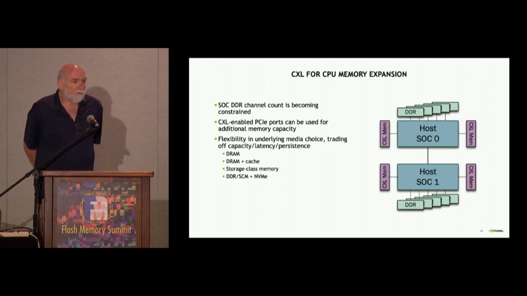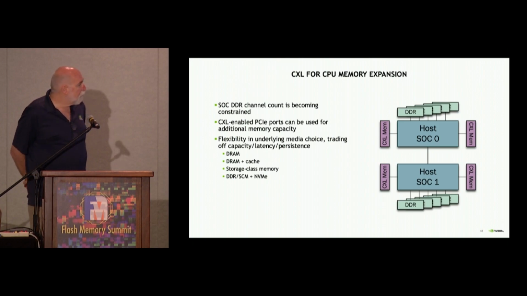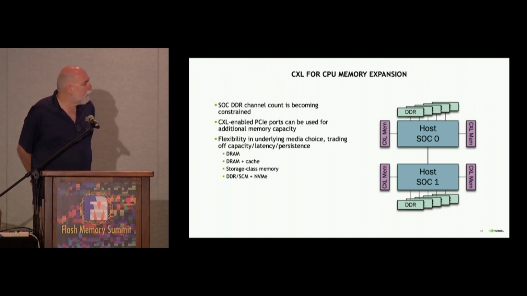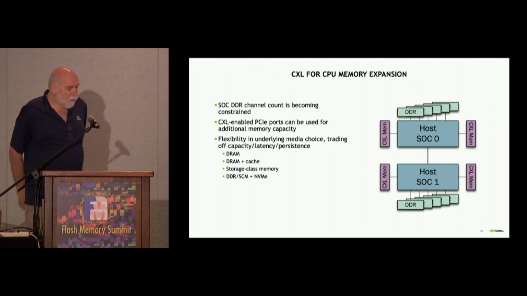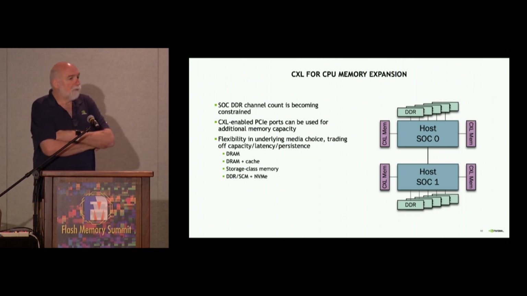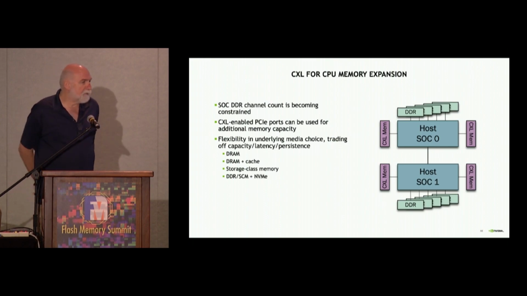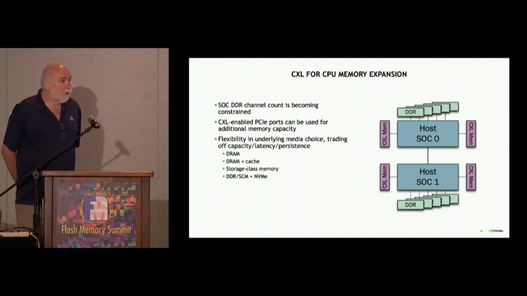You've got a physical bus that's very short, it's running really fast, and you have applications that want more memory. So if you put a CXL memory device attached to a host, particularly with the caching, you can hide some of the latency of that CXL memory so that the performance degradation of being on a slower bus isn't as big a deal.